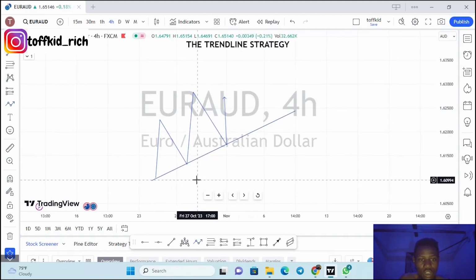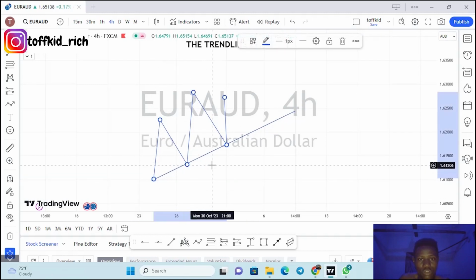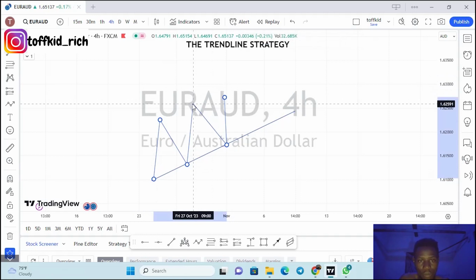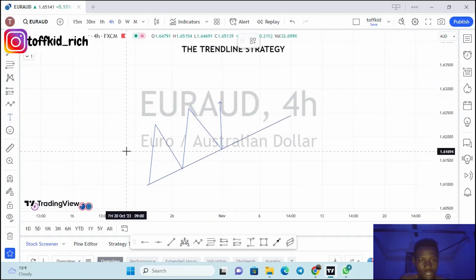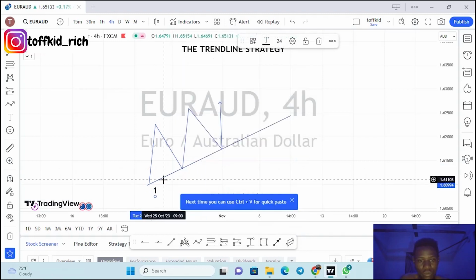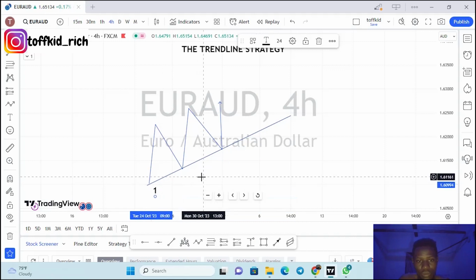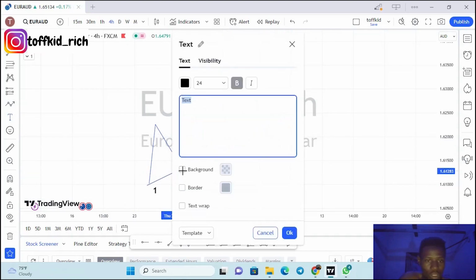So here was our first touch of the trend line, and also here was the second point of the trend line.